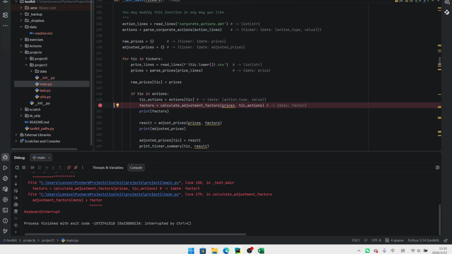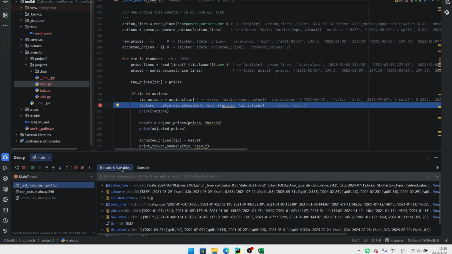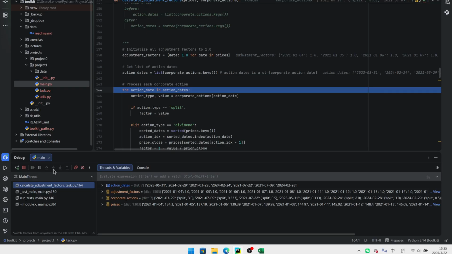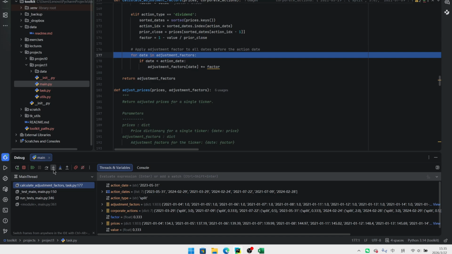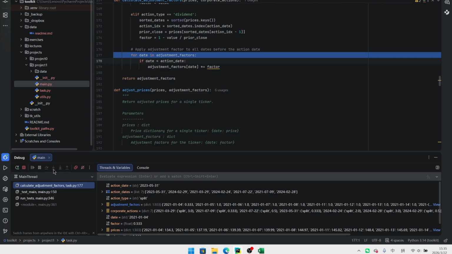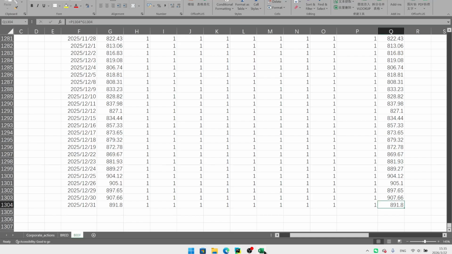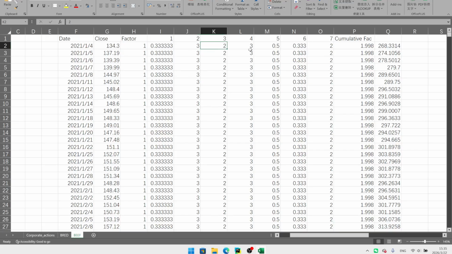Is it alright? Wait a minute, waiting for the processing. I think it's similar. So it's 0.33, the same.